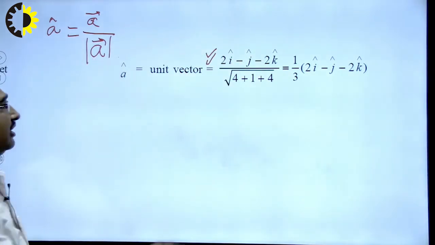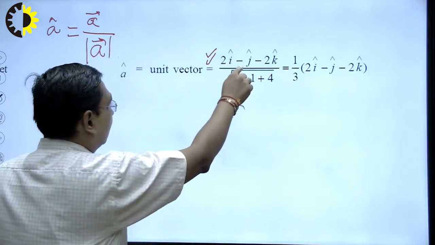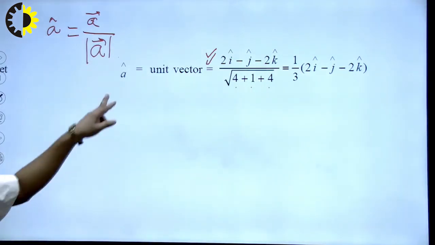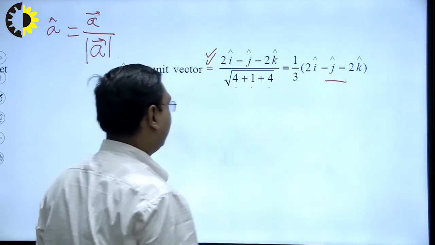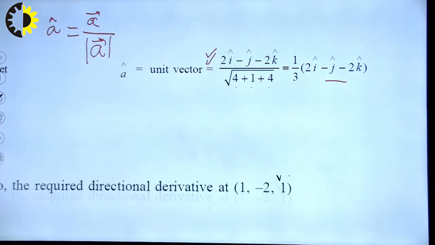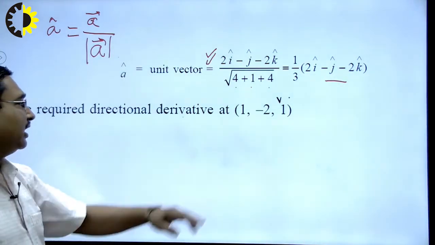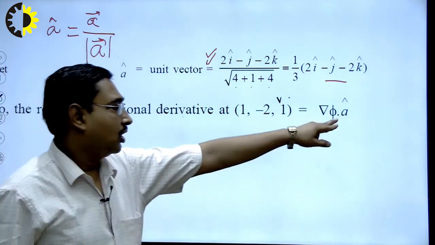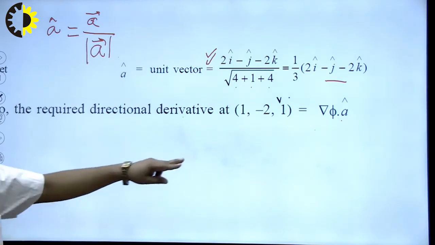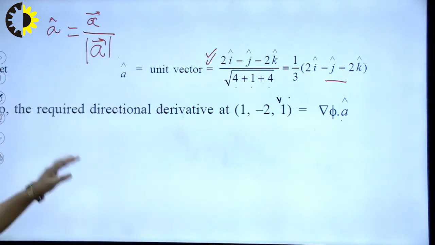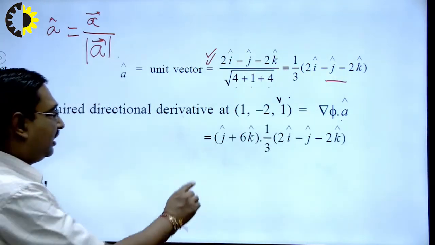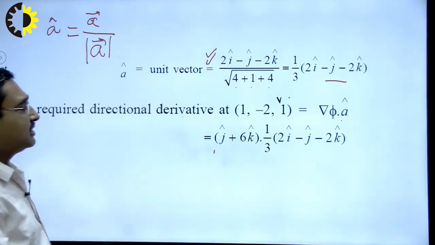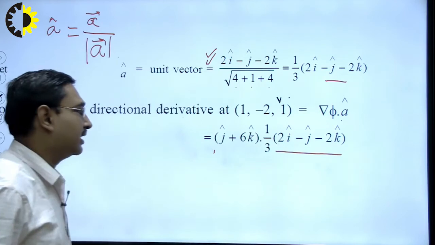Modulus of a will give the square root of 2 square plus 1 square plus 2 square, and this gives the required unit vector. Now the directional derivative at this point (1, -2, 1) is grad phi dot a cap. The value of grad phi was calculated in the previous slide. The value was j plus 6k cap. A cap is calculated here, and its value is written here.